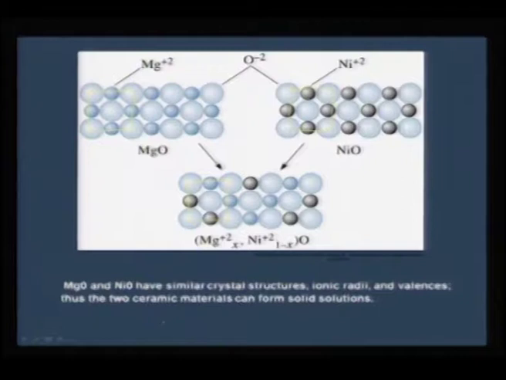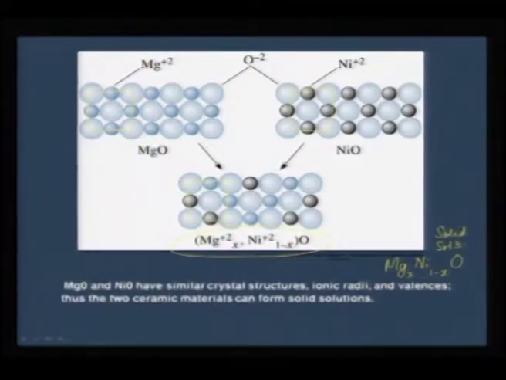So, if it is a solid solution, then we can confidently write in this form. What you say? You can say this is Mg_x Ni_(1-x) O. So, in nickel oxide I can keep on putting magnesium and it goes into the crystal lattice. Therefore, this is a best representation of solid solution.